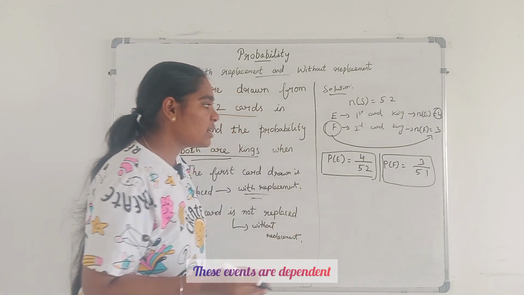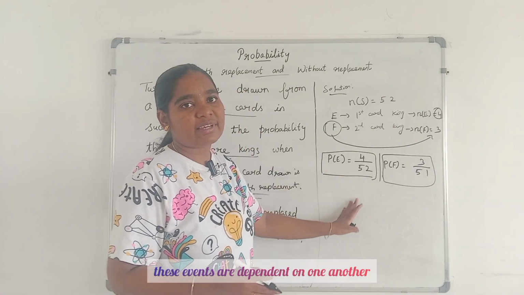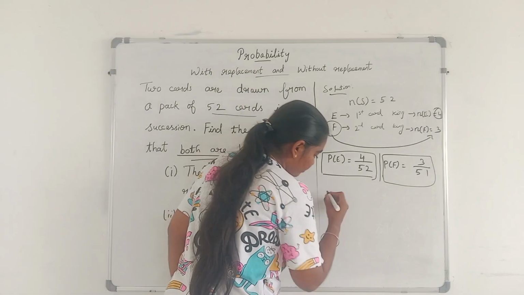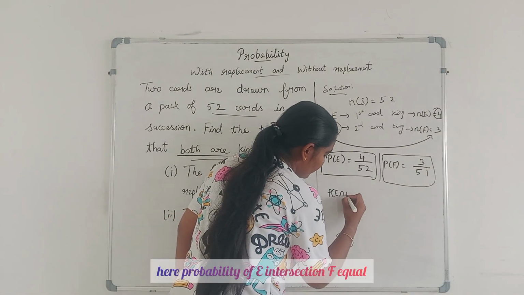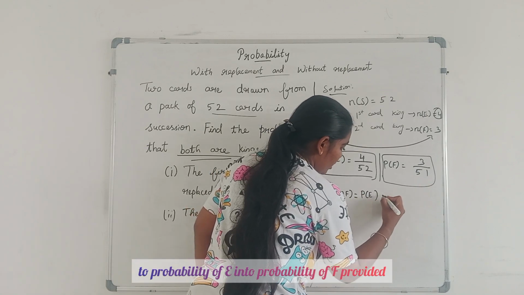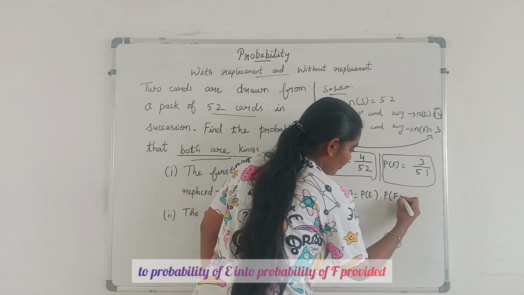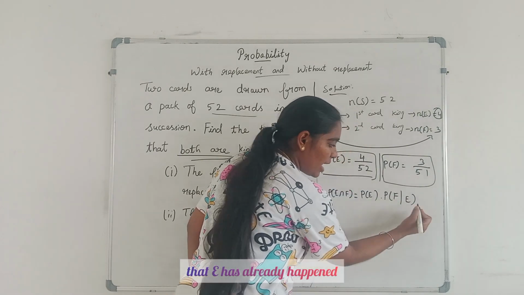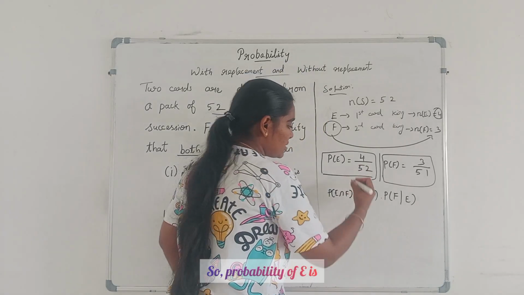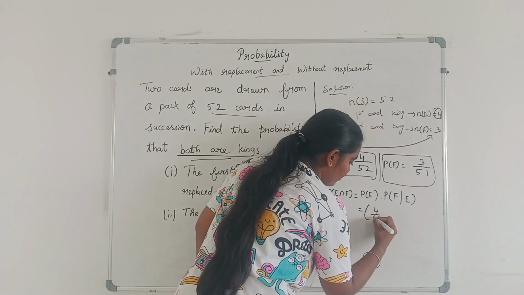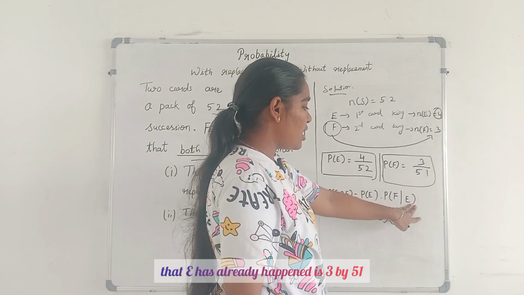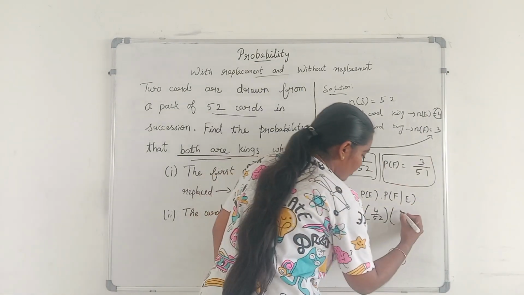These events are dependent on one another. So here probability of E intersection F equals probability of E into probability of F provided that E has already happened. So probability of E is 4 by 52. Probability of F provided that E has already happened is 3 by 51.